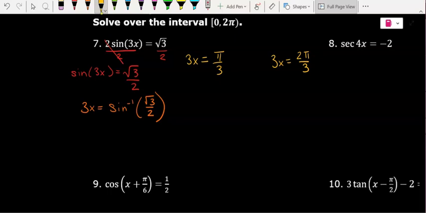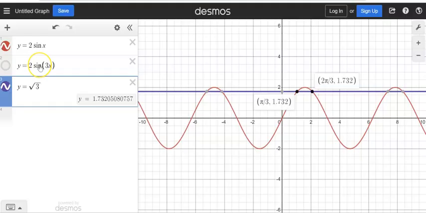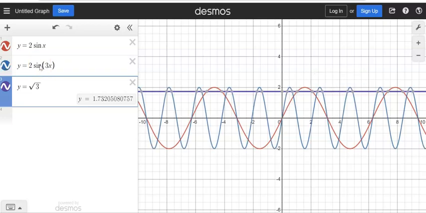Now, as I showed you, you're going to have 3 more. So before I go ahead and divide everything by 3, what I want to do is find what those other solutions are going to be. So in order to find those, if you think about it this way, and actually let's go back to Desmos here. If this is what I've got here, pi over 3 and 2 pi over 3, and what I'm looking for is the other ones, okay?